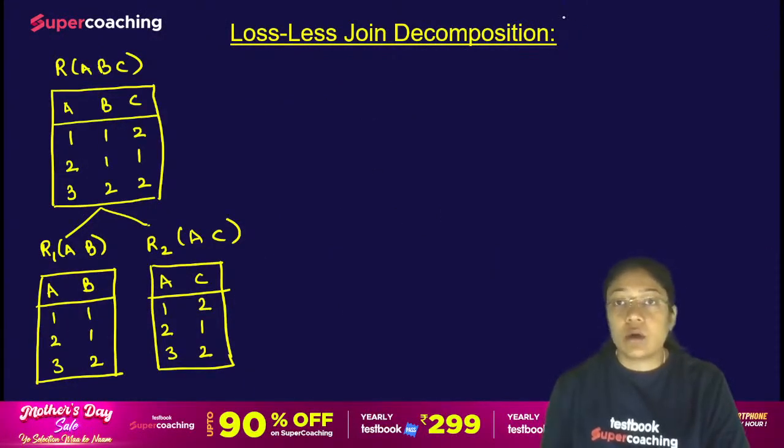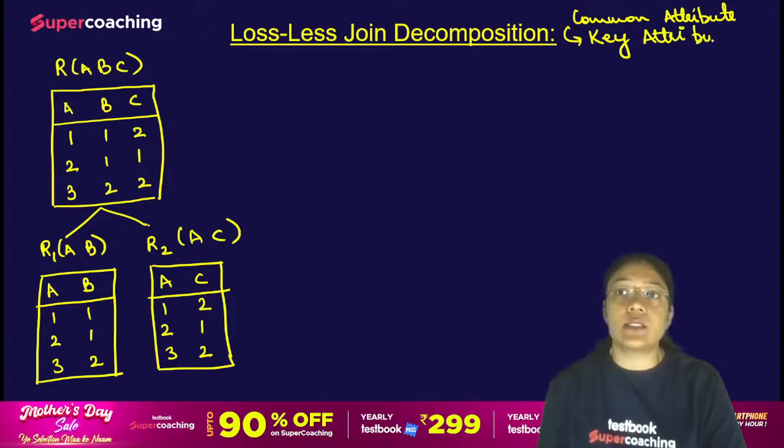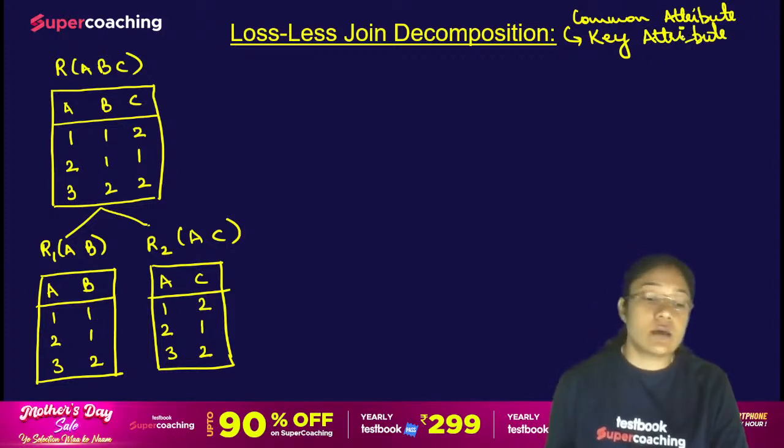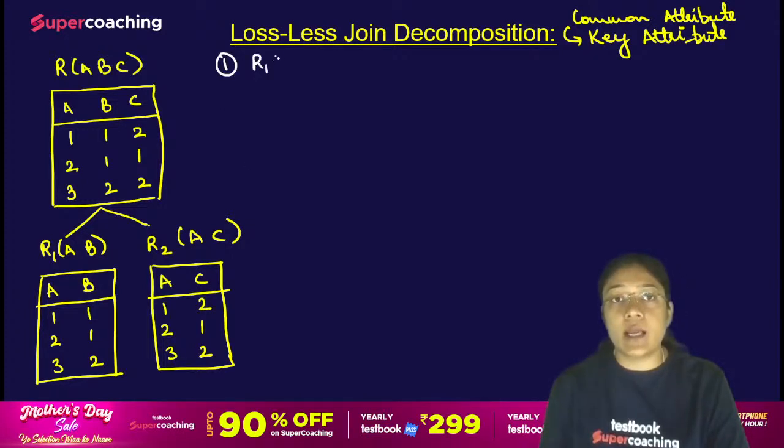Now here the common attribute is the key attribute. A is a key attribute according to the instance that we have considered. Obviously, A is a key attribute. ये clear हुआ? I'll be performing the same steps. First of all, we have to perform the cross product on R1 and R2.